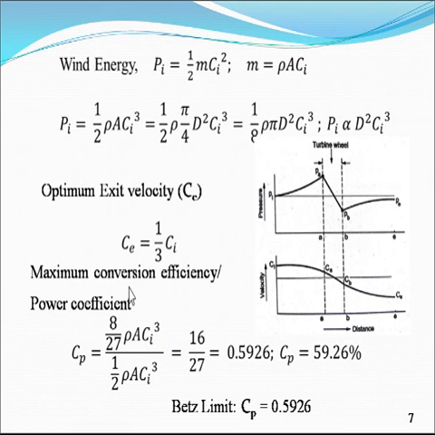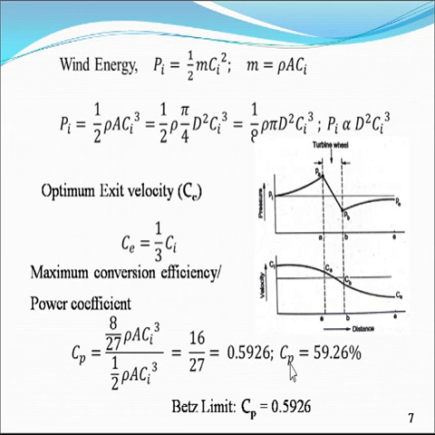The maximum conversion efficiency or power coefficient is defined as the ratio of the power developed by the rotor to the wind power. So the power developed by the rotor for the maximum condition is 8 by 27 rho A Ci cube, upon the wind power, half rho A Ci cube, and this power coefficient Cp is equal to 16 upon 27, which is 0.5926.